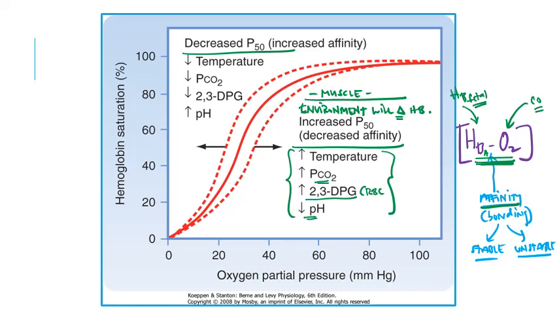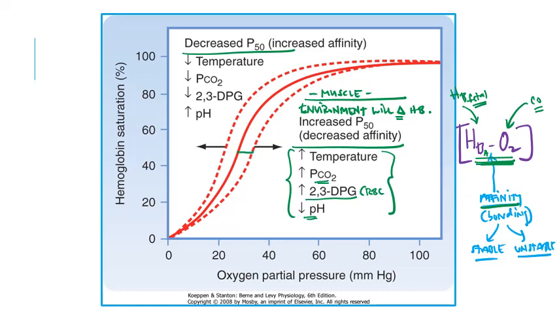So this new environment that a red blood cell is plunging into when it goes into muscle that is running a marathon actively influences the bonds or the affinity for oxygen, and they weaken this bond.